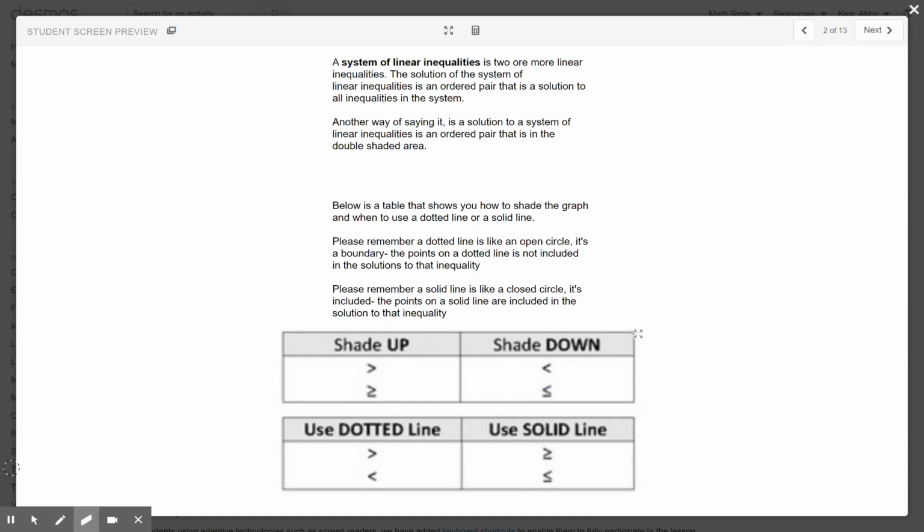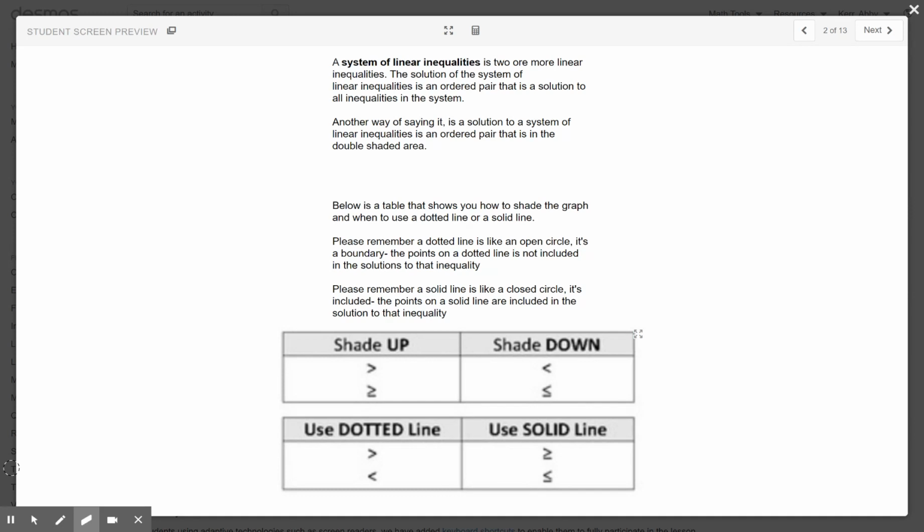The solution of the system of linear inequalities is an ordered pair that is a solution to all of the inequalities. Another way of saying it is, a solution to a system of linear inequalities is an ordered pair that is in the double shaded area, which I know we haven't talked about shading yet. I'm actually going to show you on Desmos what that looks like.